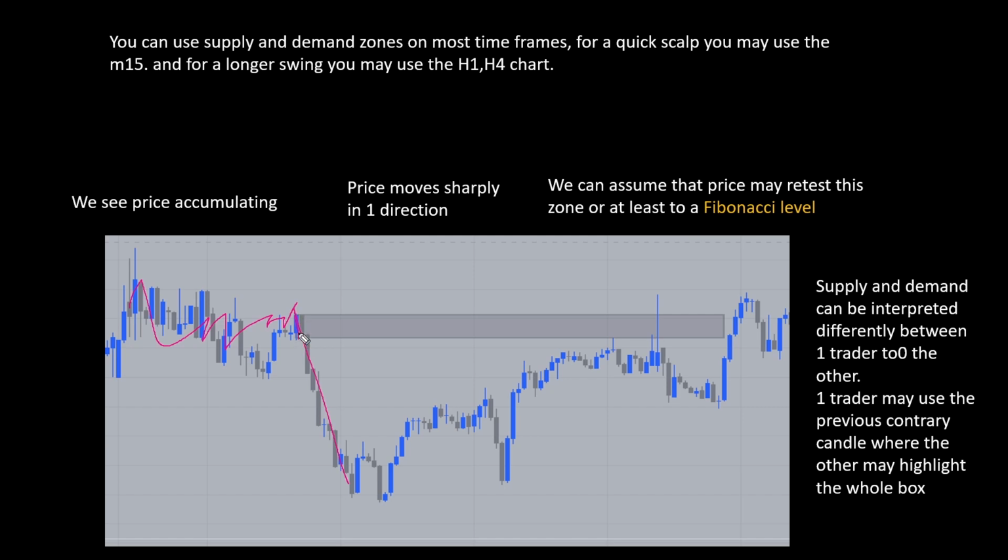So this is the contrary candle, the blue candle before. Right here, someone may draw off the blue candle, or someone may highlight the whole box, meaning the accumulation. Like that. So it's different for every trader, and it's important to remember that because it's not mechanical like the wide range bars.